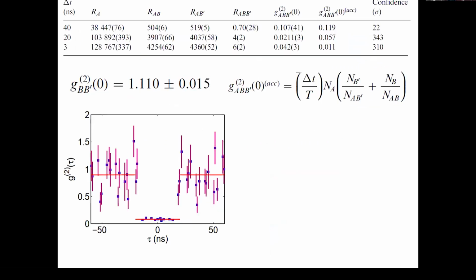Let's see the next experiment. If I do an experiment without any heralding, just looking at one arm, this is the value of the second order correlation function: 1.110, greater than 1.